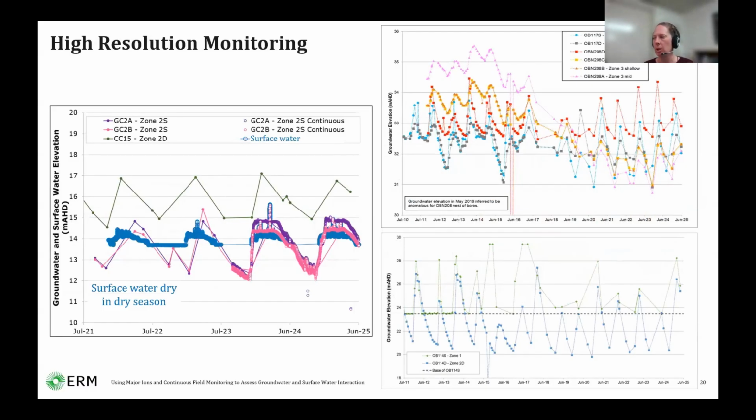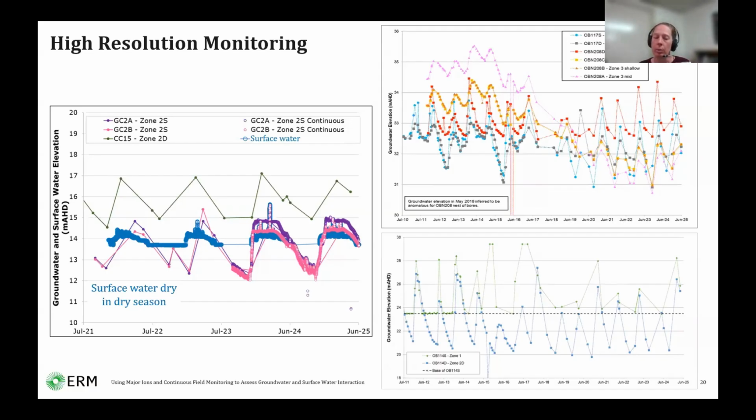And while you can see the general peaks and troughs in groundwater elevation with season, after 2023, both manual measurements and data loggers were deployed. And you can see that this shows much greater refinement of the water levels and highlights the timing of the peaks and the troughs, but also shows the smaller variability, which you can then compare more easily and more robustly to the surface water fluctuations, which are shown in the blue.